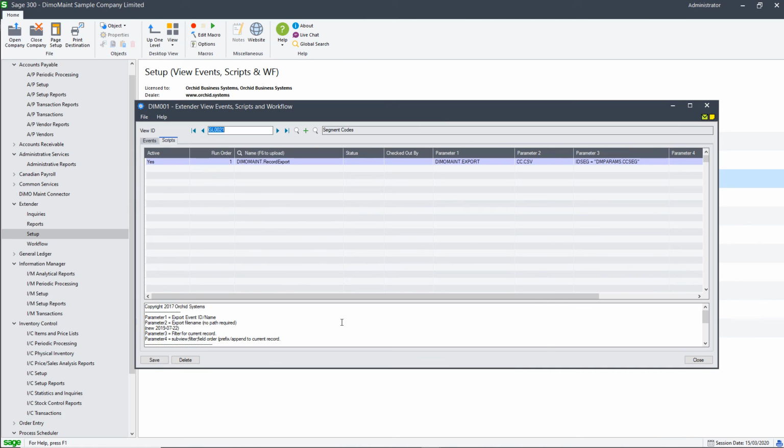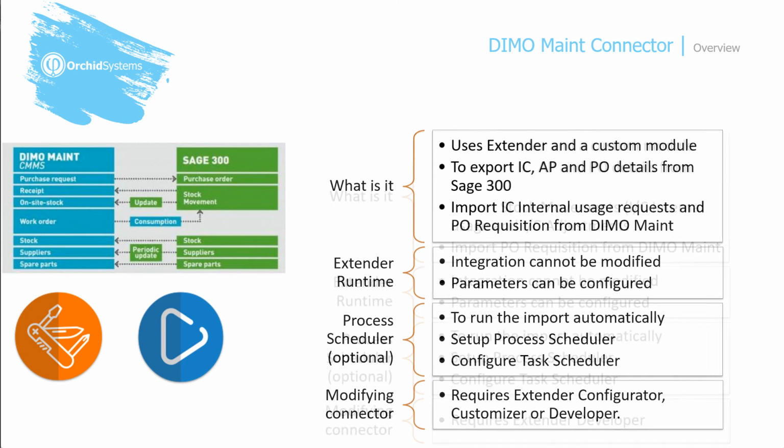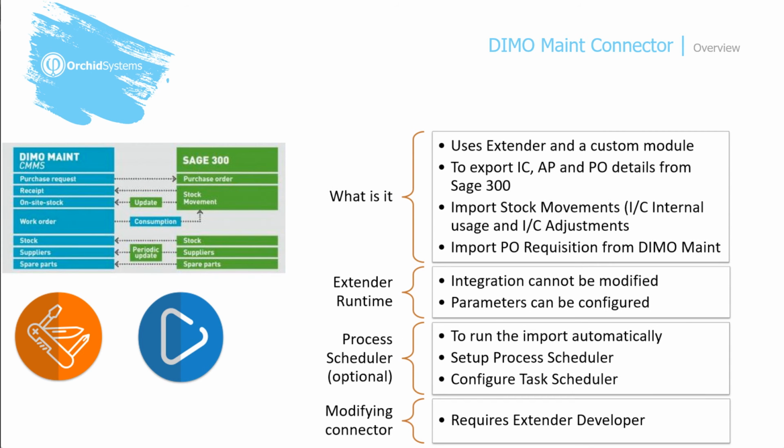We won't look at the detail of the script right now, but if you have any questions on how this is designed, you can ask us separately. We've had a brief look at the DemoMain connector to integrate the CMMS asset management system to Sage 300, using it to export IC, AP, and PO details from Sage 300 and import internal usage, IC adjustments and PO requisitions from DemoMain into Sage 300.